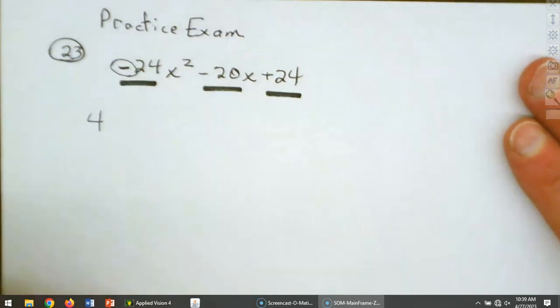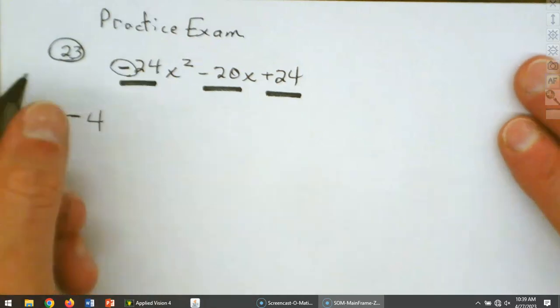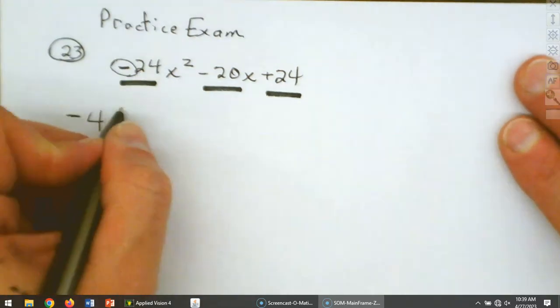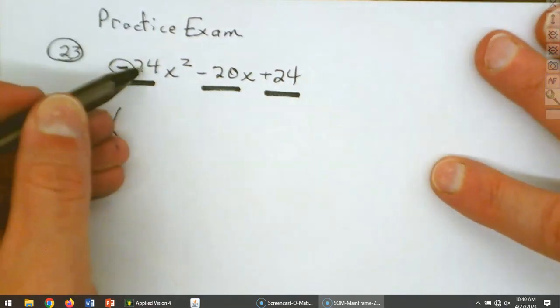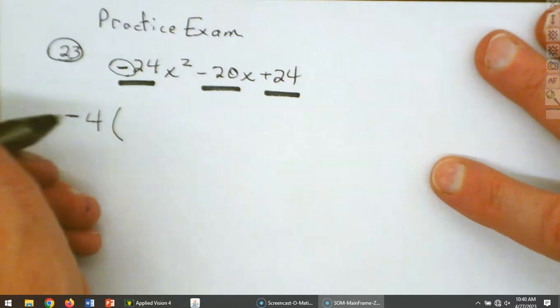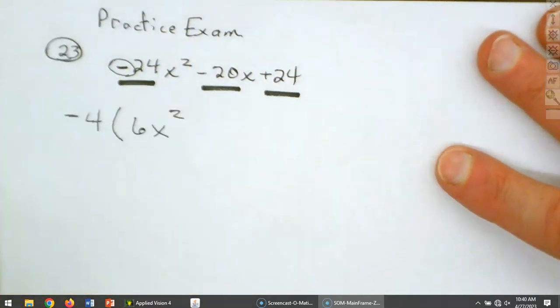Now, what about the negative? We want to make sure we factor out a negative. Why? Because you always want to begin the x squared part with a positive value. So we're going to factor out that negative 4. That's going to switch our signs. So negative 24 divided by negative 4, that leaves you with a positive 6x squared there.